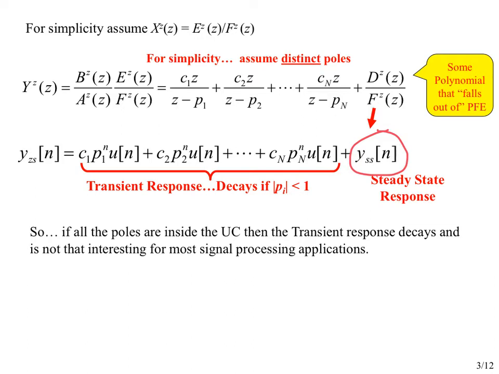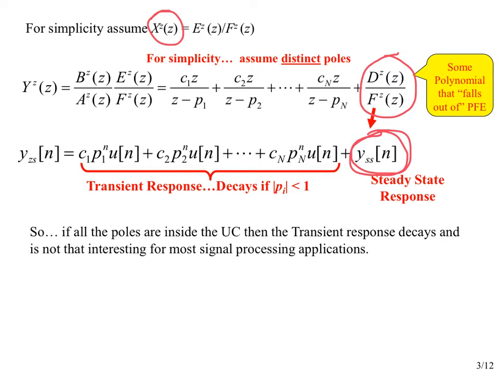So its behavior depends on what these things look like, and largely what the factors of the denominator F look like. Depending upon what x looks like and how it interacts with the system, this term could be rather steady, or it could also decay away by itself. And if the input is growing without bound, the steady state could also grow without bound, and that's perfectly fine.